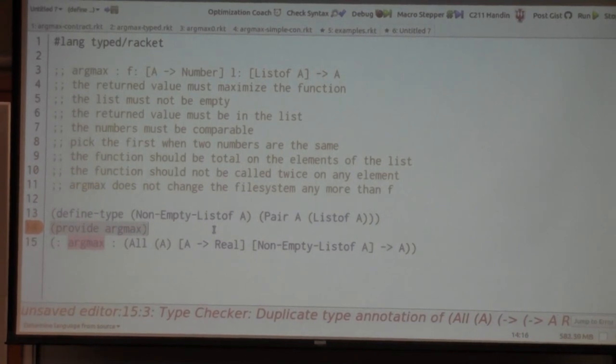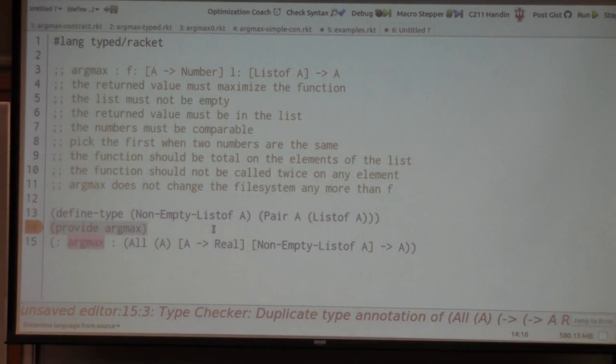And now we'll write it. And this is written in typed Racket. One of the fun things about Racket is that you can change which programming language you're using by changing the line at the top of the file.